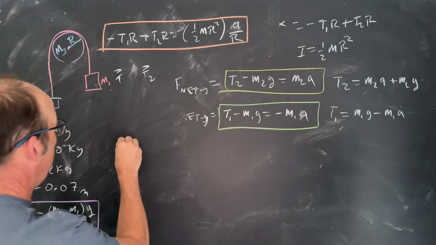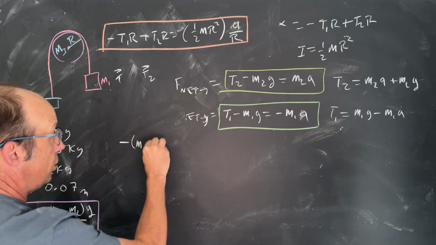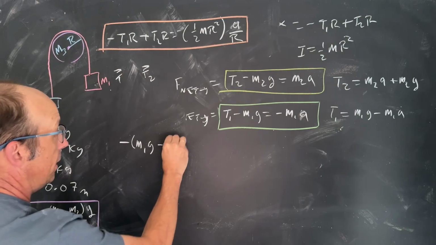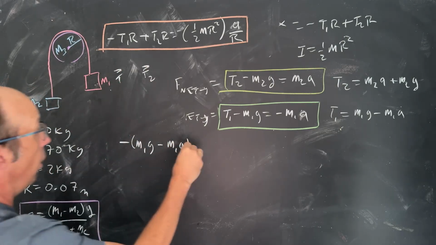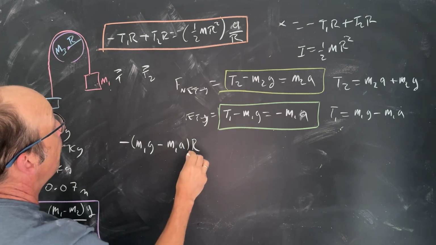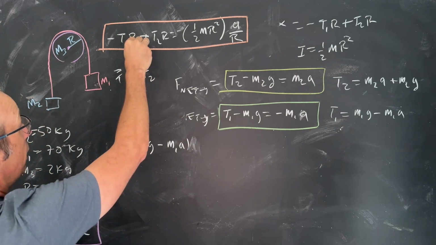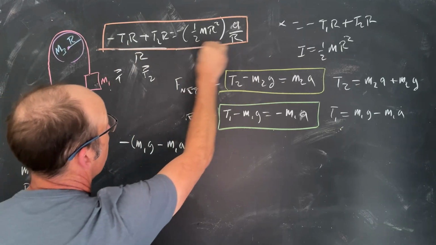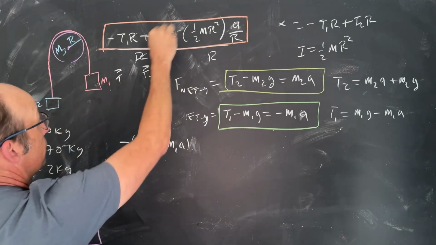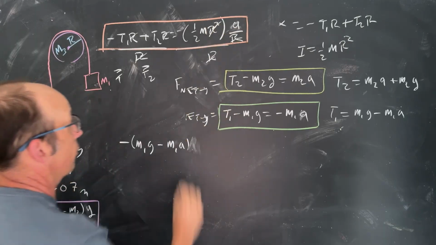So negative T1. So T1 is that. So I'm going to put negative M1G minus M1A. I got the negative right there. And then I have, oh, R. Actually, I'm going to divide this by R and divide this by R. So this cancels, and I get R squared, so all the R's cancel.